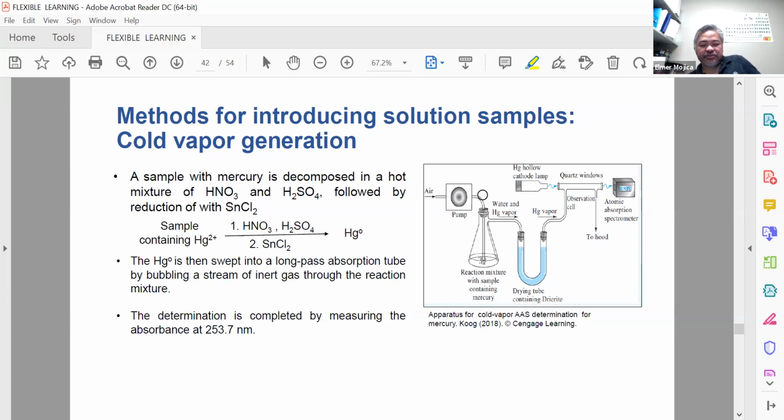The elemental mercury is swept through a long pass absorption tube by bubbling a stream of inert gas through the reaction mixture, and this determination is completed by measuring at 253.7 nanometers.